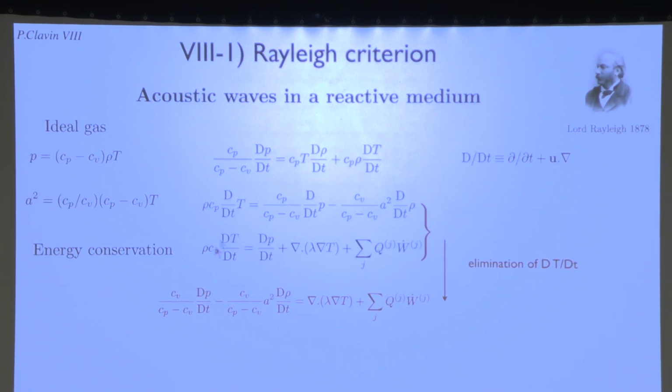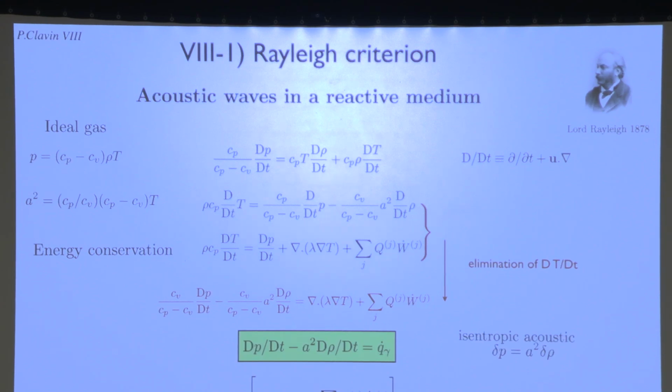You remember Cp dT, dp over dt, etc. You put that together. You eliminate the temperature here, it's easy, and you end up with a relation linking the Lagrangian time derivative of the pressure to the time derivative of the density times the sound speed, equal to the rate of heat release per unit volume.